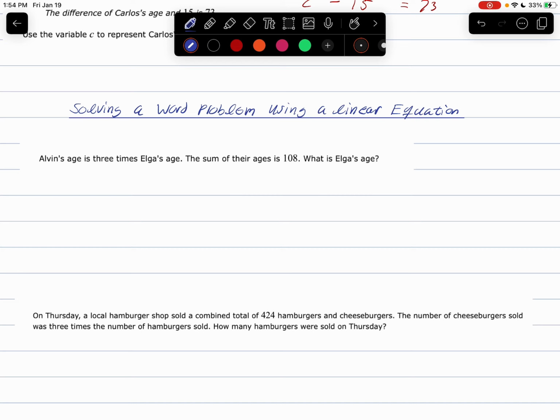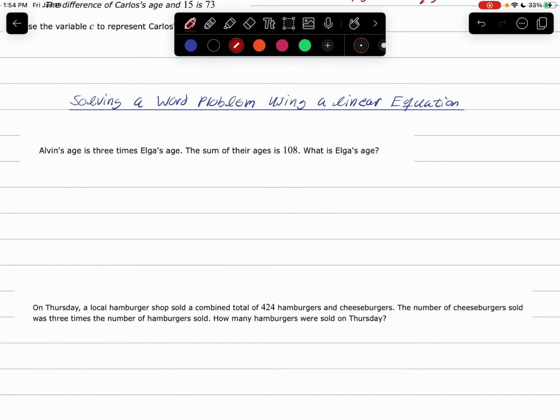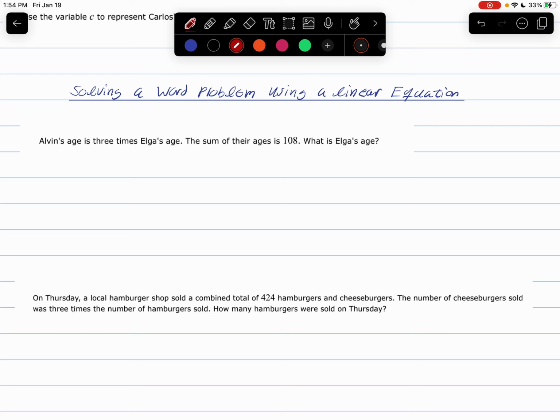It says that Alvin's age is 3 times Elga's age, and the sum of their ages is 108. Our goal here is to find Elga's age. Let's write down what we know about this problem. Alvin's age is 3 times Elga's age.